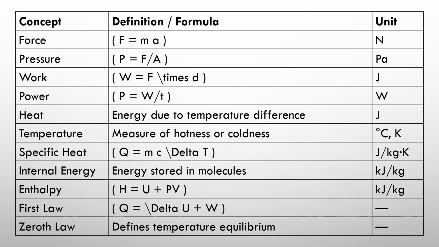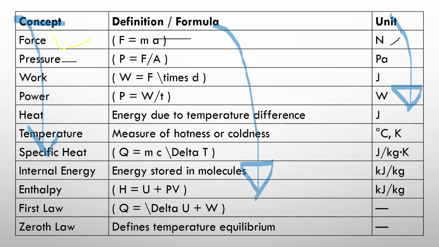At the end, what you will observe is the different concepts, which you can see here. Different concepts are given, different formulas are available here, and different units are there. If you talk about force, the unit for force is Newton, and the formula is F equals ma.